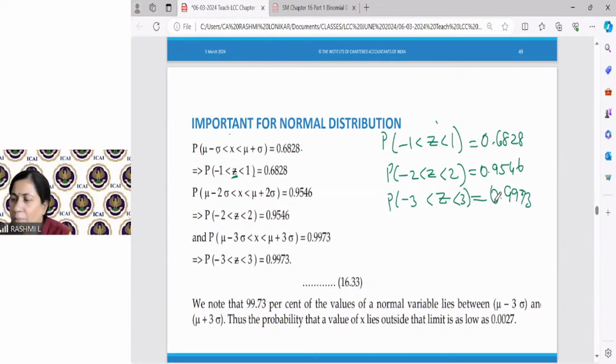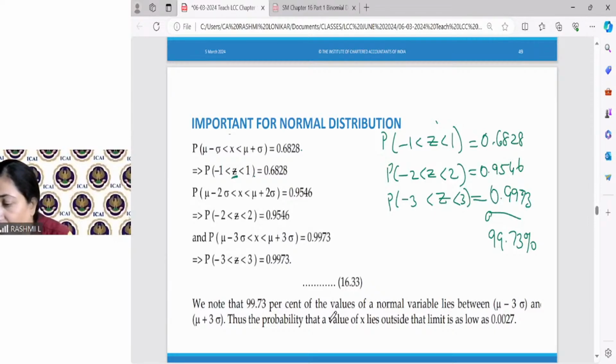So मतलब आप देख रहे हैं 9973 मतलब nearly 99.73% area is covered. When I go to 3 times my standard deviation, most of the points will be covered by this.